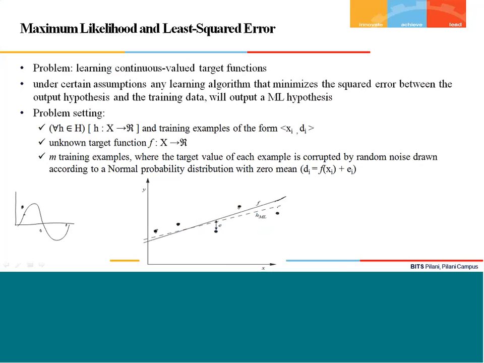For example, if you are using this x, the true value that comes from the true function f, the solid line, is this, but when you add some error to it, it will be this point now. Similarly, when you use this x, you get this value, but when you add some error to it, this point gets shifted to here.